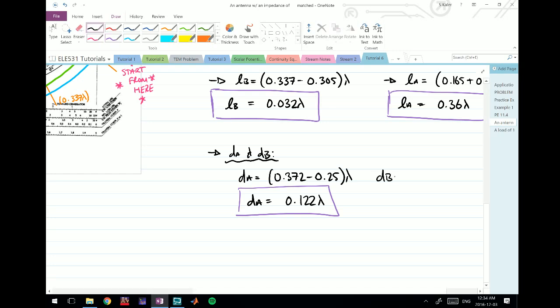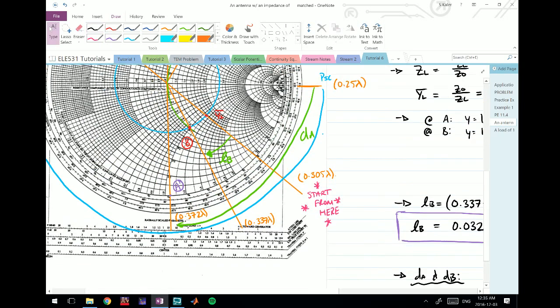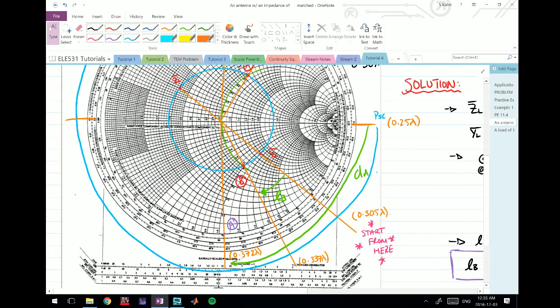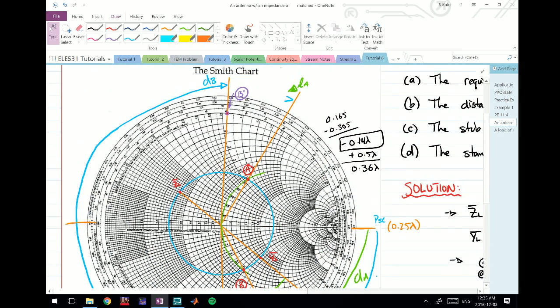dB is going to be, so if I traveled this half, I got 0.25. Now to get to here, I'm going to use the outer scale. That arrow's kind of in the way, so let me just get rid of that arrow for a second. So this is going to be B prime, we called it.